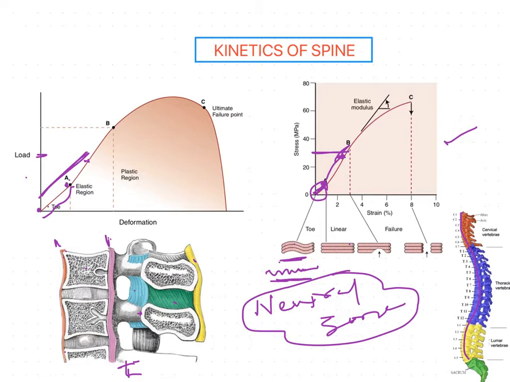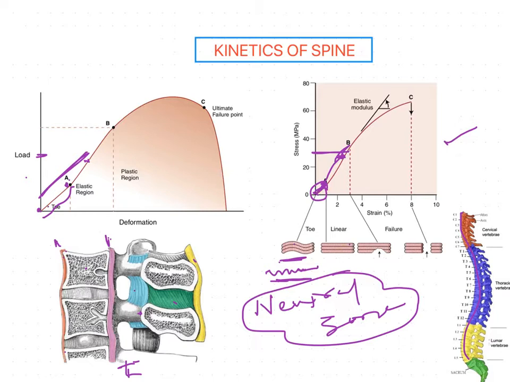So what will happen? Instability takes place. Instability of the vertebral column can be considered as lack of stiffness. So instability, very very important, instability of the vertebral column can be considered as lack of stiffness, and an unstable structure is one that is not in an optimal state of equilibrium.